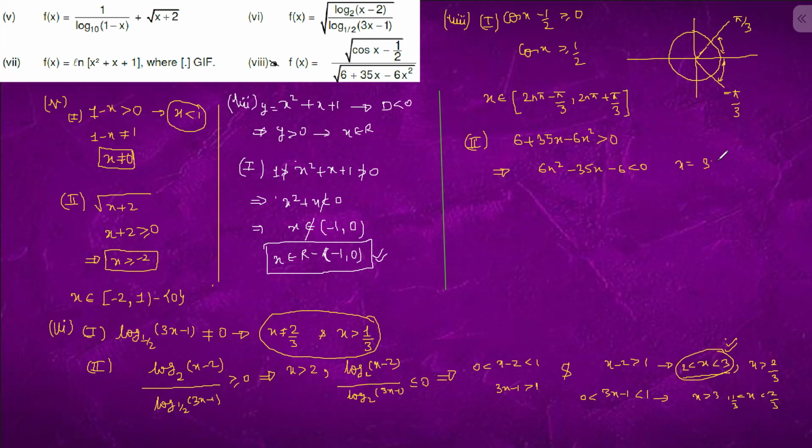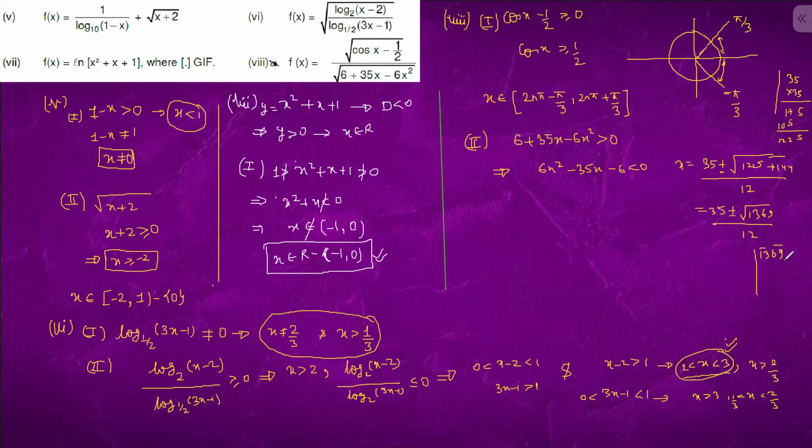We'll get x equals 35 plus or minus root under 35 whole square, this is 1225 plus 144, upon 12. So 35 plus or minus root 1369 upon 12.